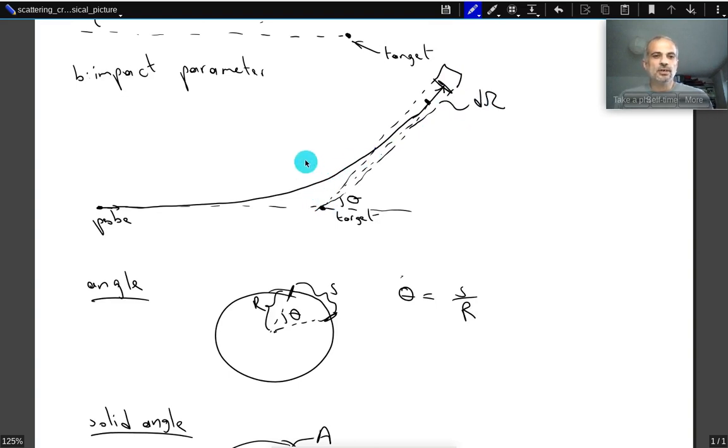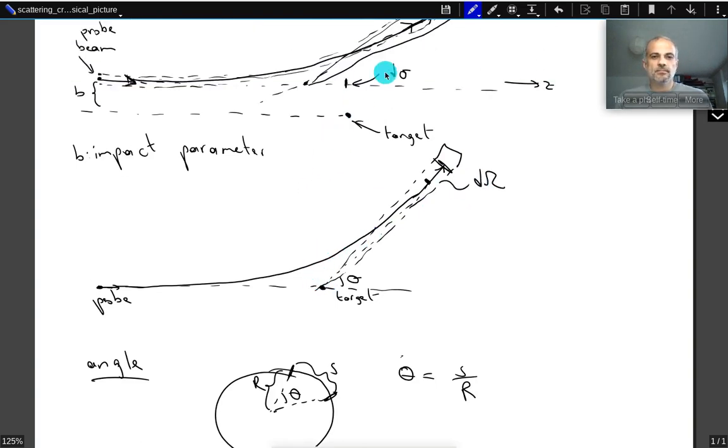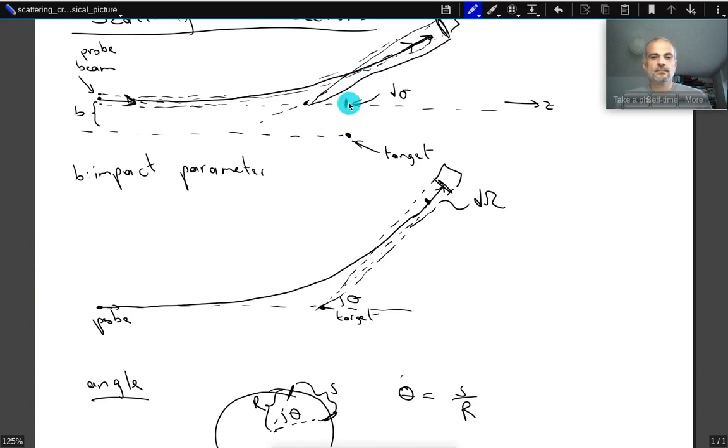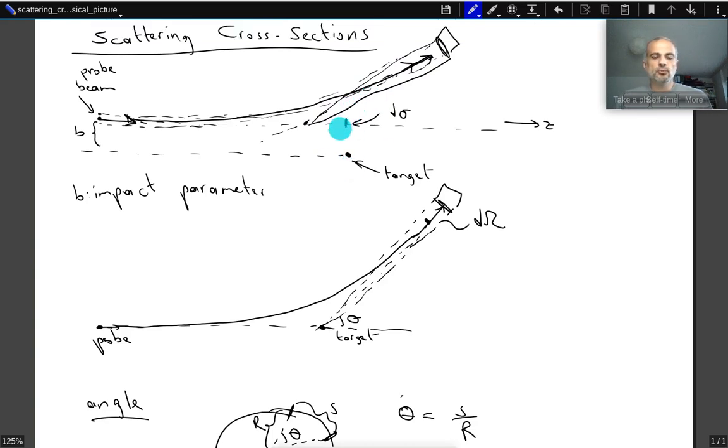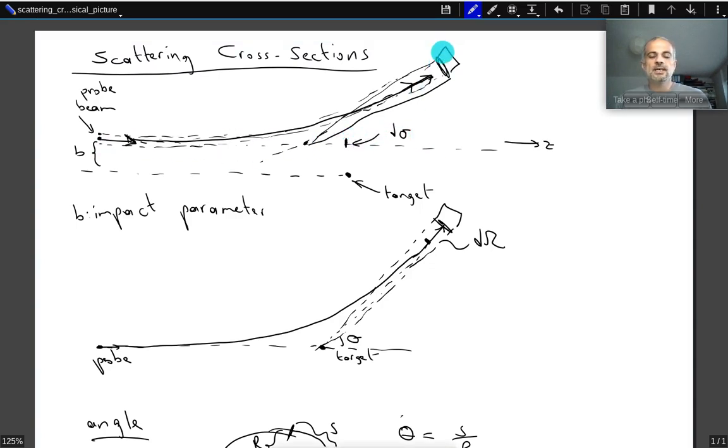So there is an area, d sigma, near our target, such that if the object is targeted within this area, then we know that it will scatter into our detector.